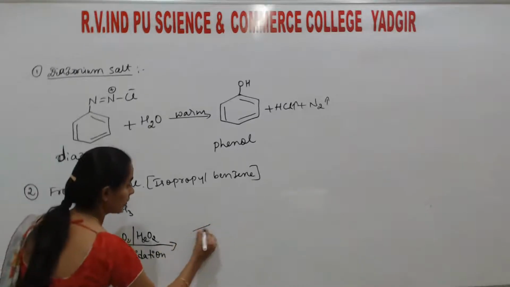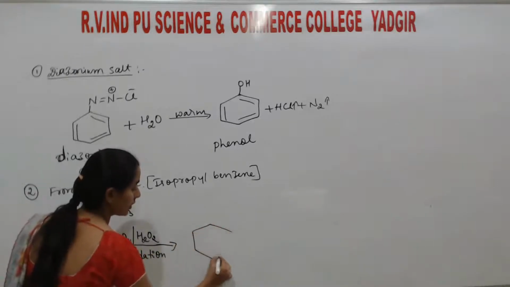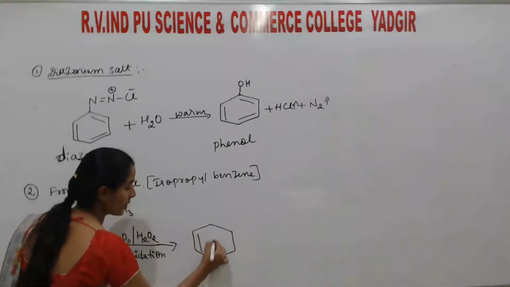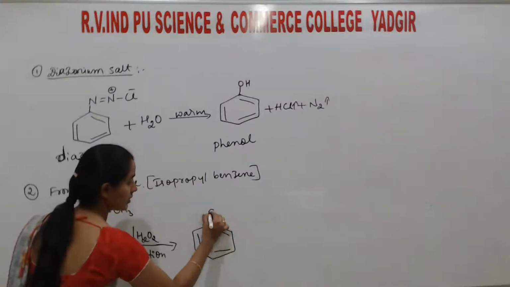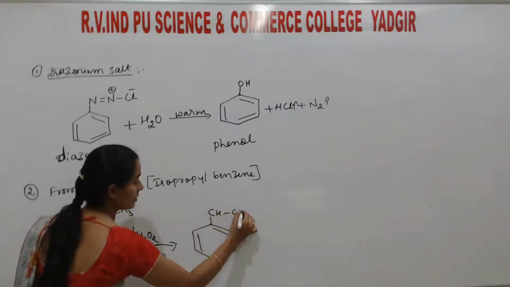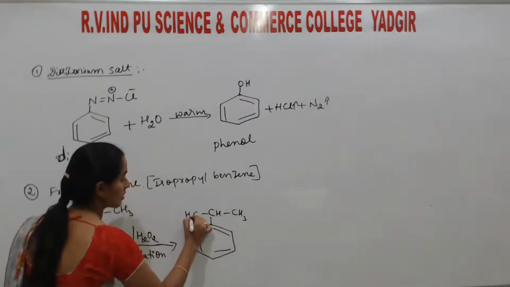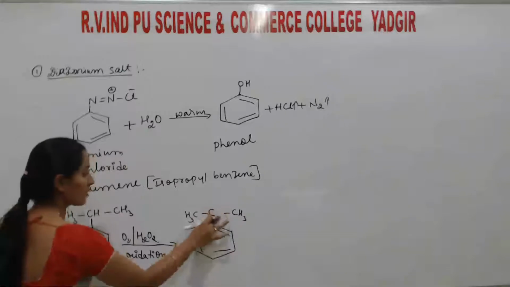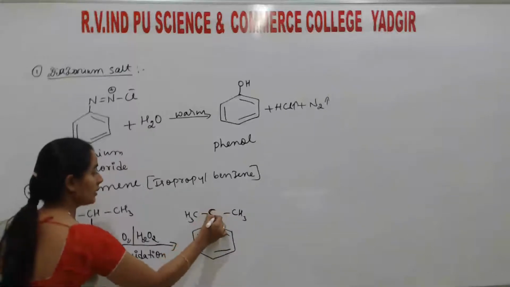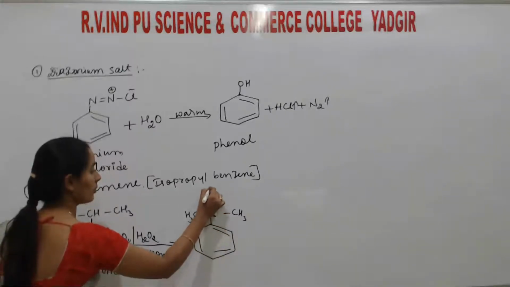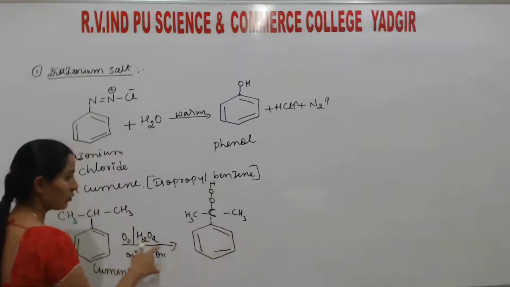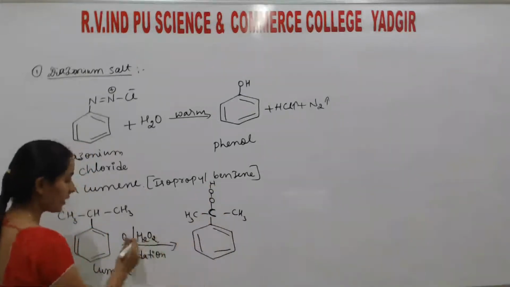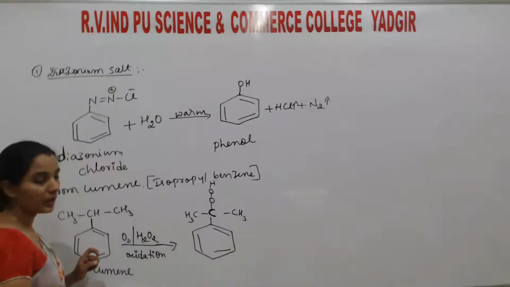Listen here. Clearly listen, students. This is the benzene ring. Here it is C, H, CH3, CH3 is there. So then what happens? This oxygen is inserted in between the carbon. H2O2 is inserted here and H2O is liberated.